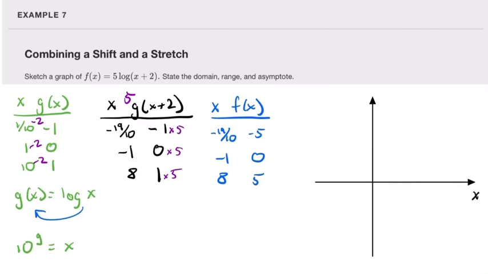We need to go from about -2 up to about 8 or 10. So if we go 2, 4, 6, 8, 10, that's good.